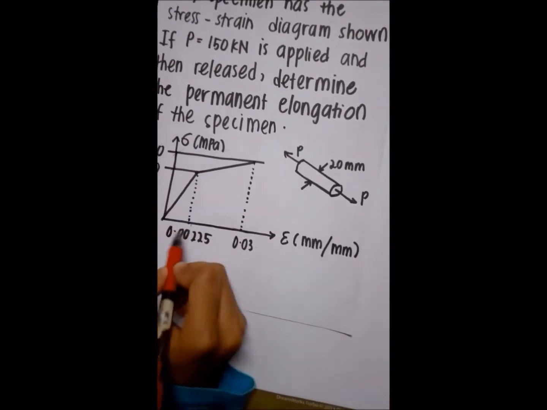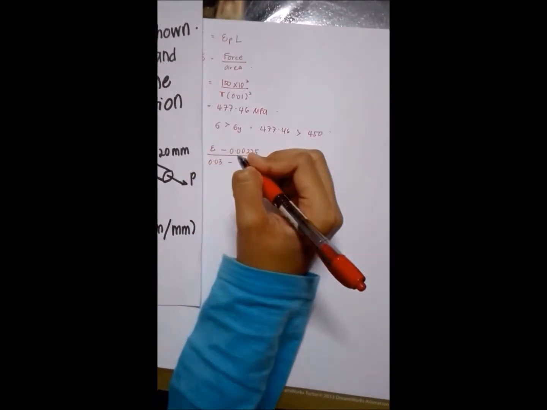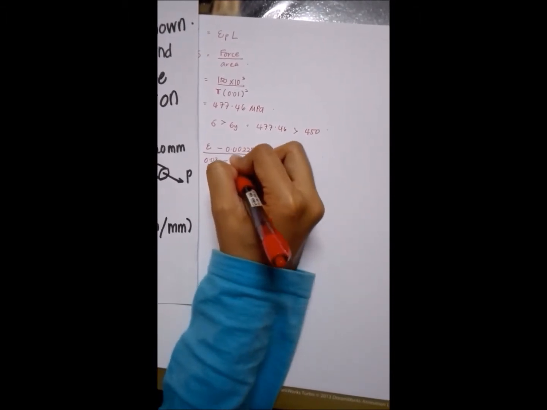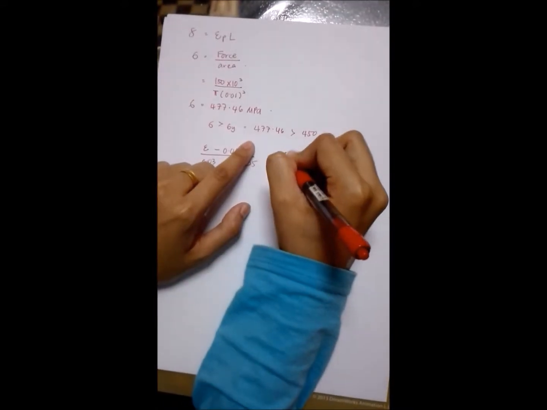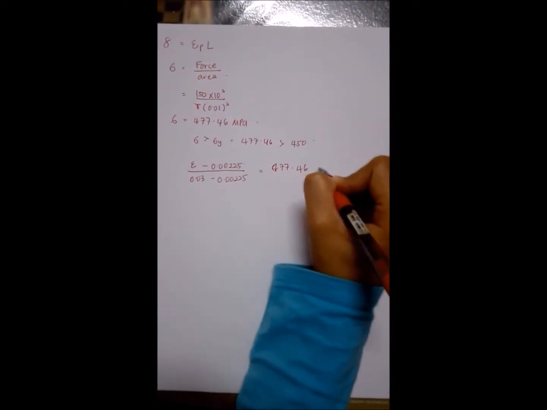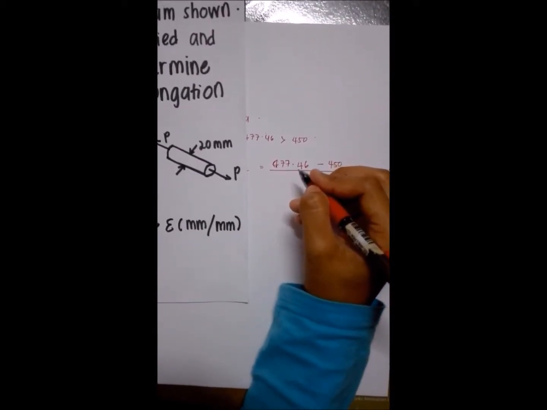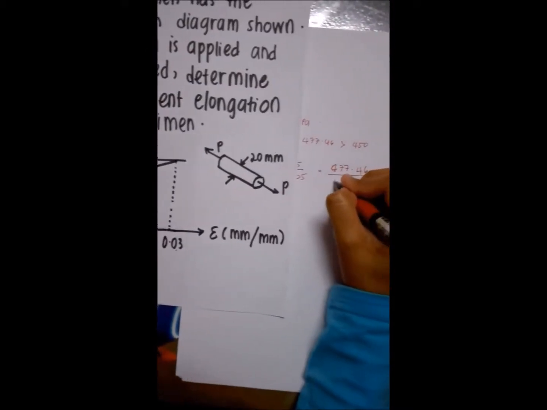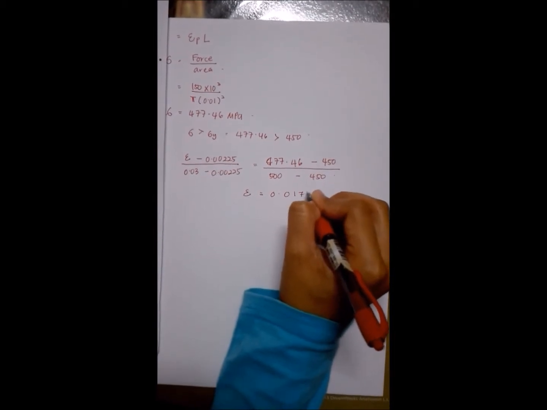First, strain at the plastic condition minus the strain yield, 0.00225, over strain plastic 0.03 minus strain yield 0.00225, equals normal stress, which is 477.46 minus 450 over the stress plastic 500 minus 450, which strain equals 0.017493.